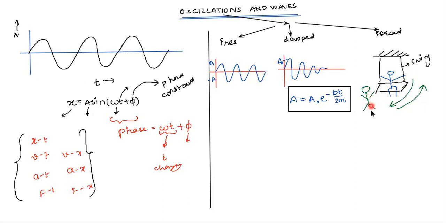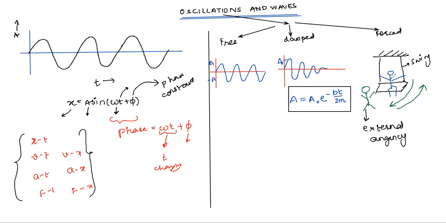I'll repeat, when an external agency is involved in making sure that the vibration or the oscillation keeps taking place, then such an oscillation is called forced oscillation, right?